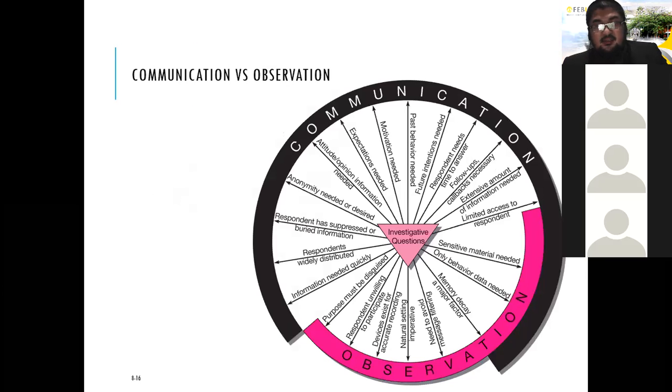Okay, this is the methods wheel. In qualitative research, it's divided into communication and observation. Communication is, for example, interviews or open-ended questionnaires. It's research that collects data using communication by asking questions. I think this is also in the research design. So either a communication design or an observation design. As for observation design, it doesn't need any communication.